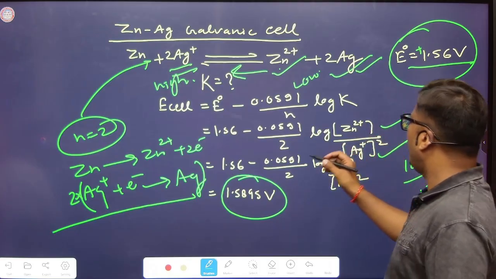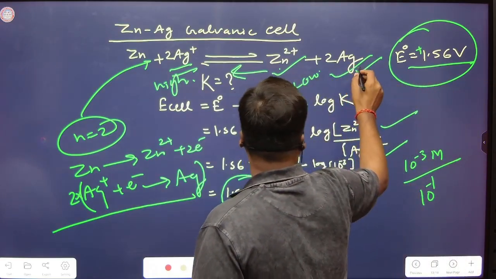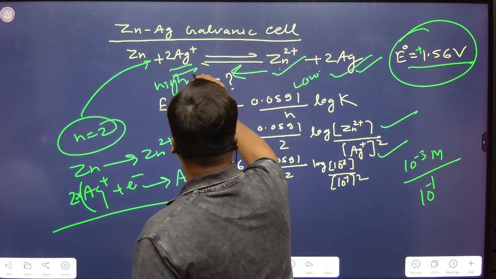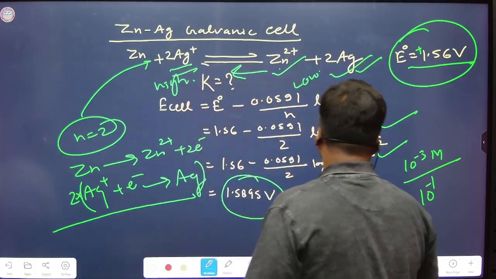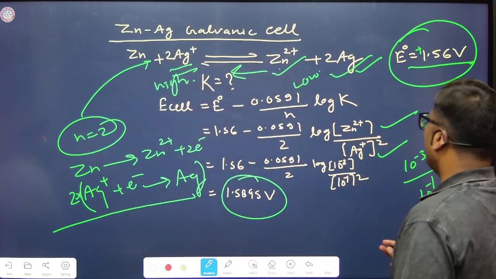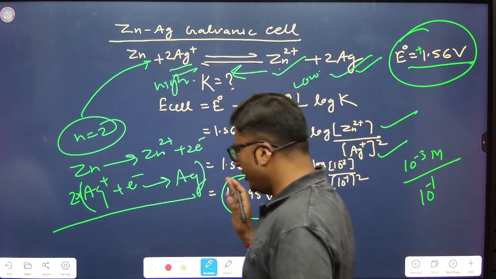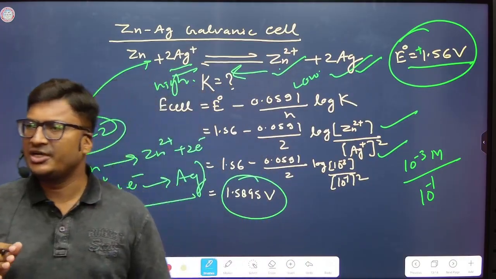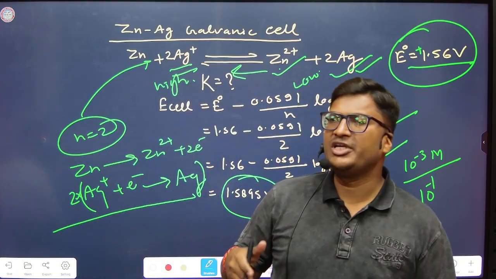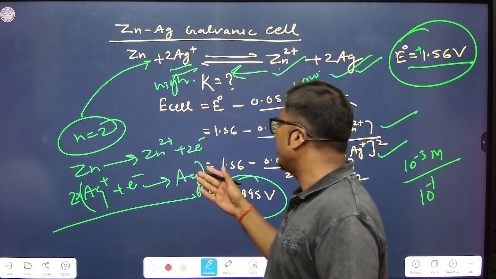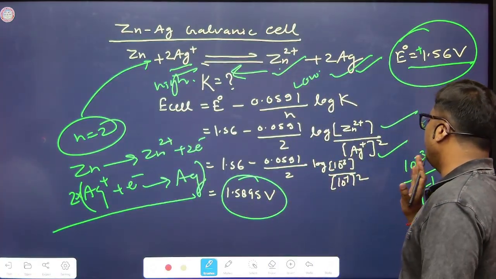This confirms that the reaction is occurring in the backward direction because the concentration of silver plus is increasing, right? So this is the way by which we can understand the significance of the Nernst equation and the measurement of cell potentials at a particular temperature T or at the standard state, 298 Kelvin, right?